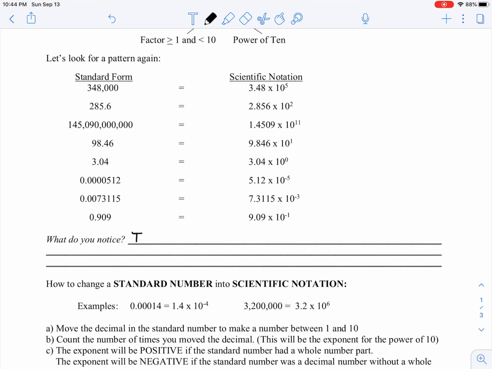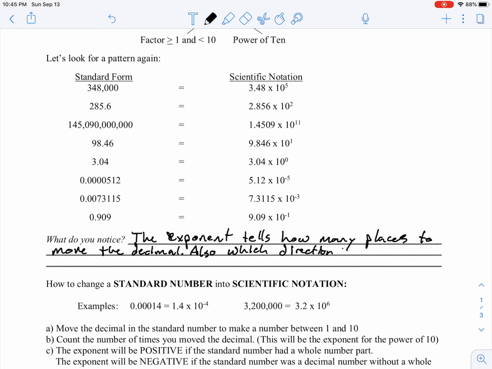So hopefully what you notice is that the exponent tells how many places to move the decimal, and it also tells us which direction to move the decimal.